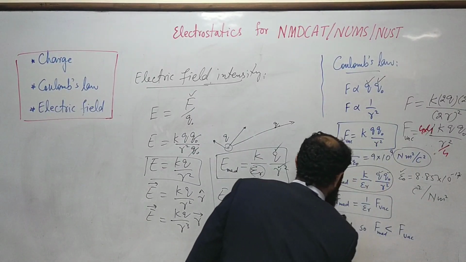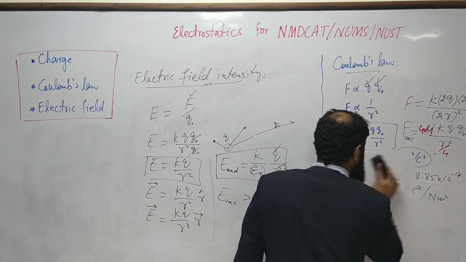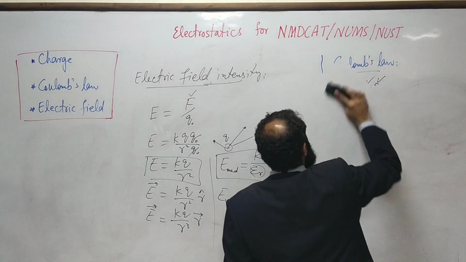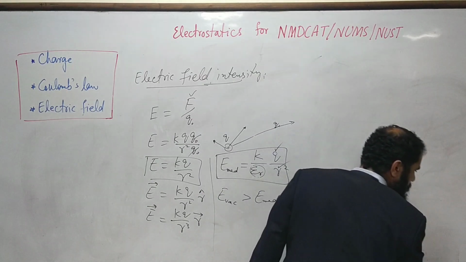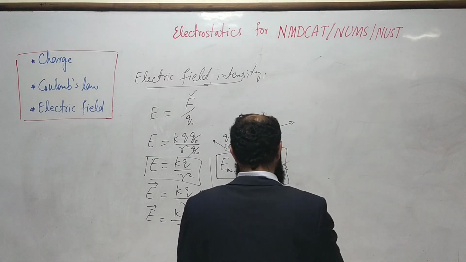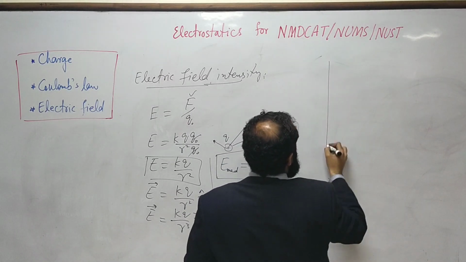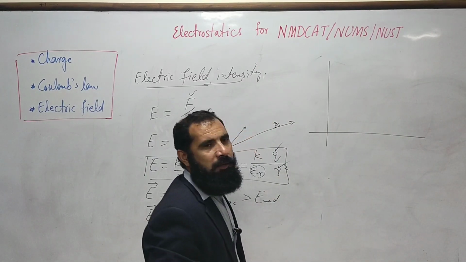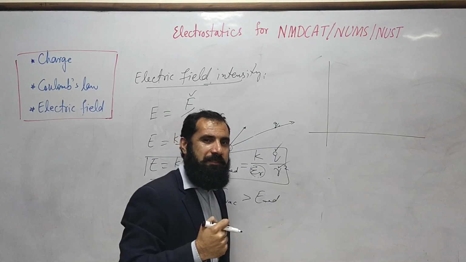So if I draw the graph of electric field versus R, it is different for different cases. I am assuming some point charge.